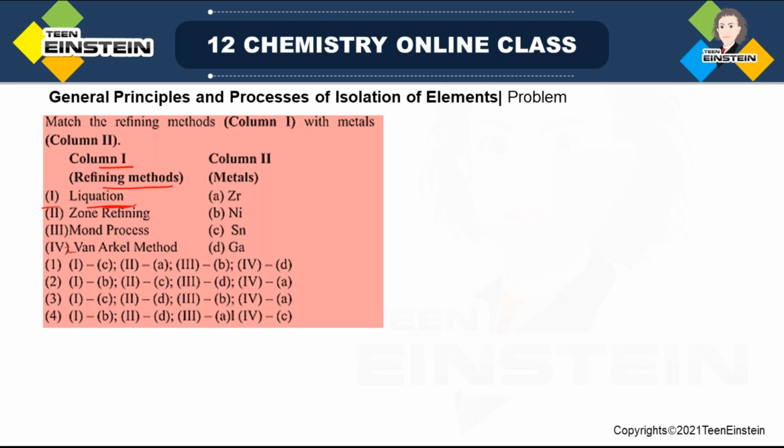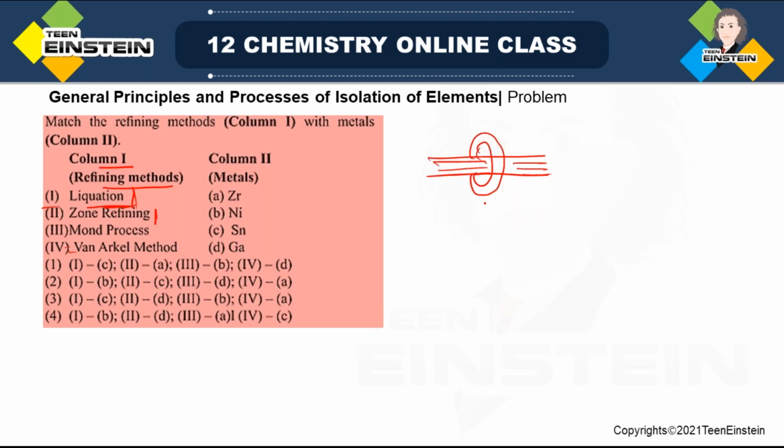Okay. Now see, if you find that you cannot remember, just go for the next one. The next one is zone refining. Remember, in zone refining we use this type of metal rod, and there is a circular heater like this. Gradually, when the heater is present, there is a difference of melting point, that is, the impurity present in the metal rod will have a different melting point.